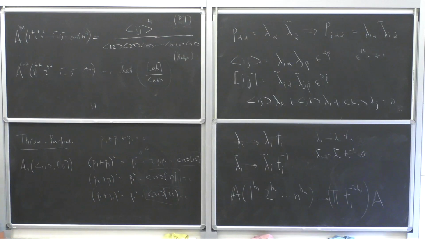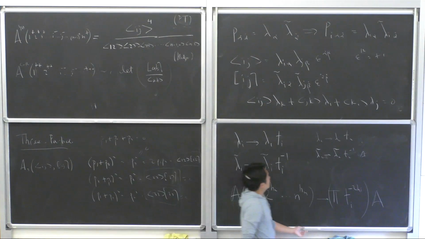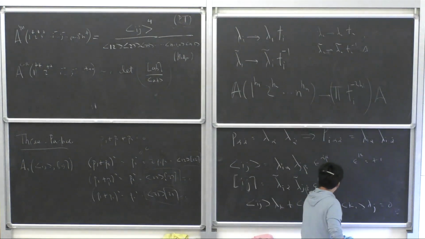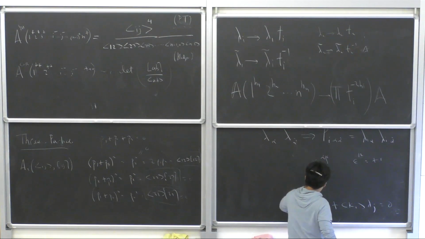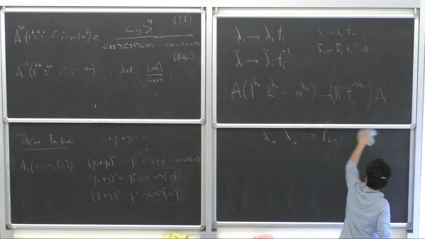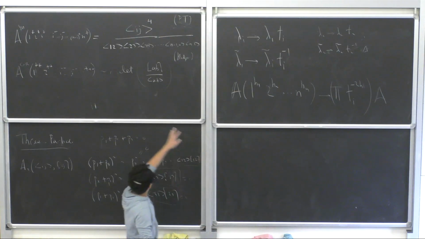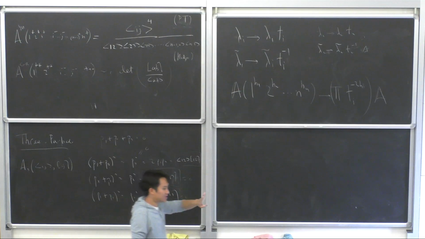Now you might think, oh no, we're in trouble. These are all 0. The amplitude's 0. What's happening? In real kinematics, it would be 0. That is to say, if your momenta are real momenta, then lambda tilde and lambda are related by complex conjugation.